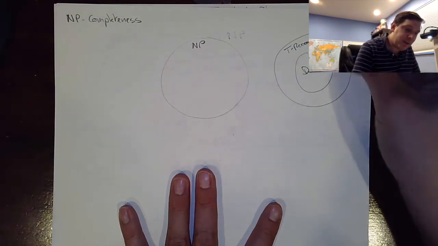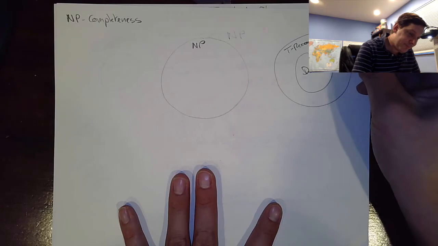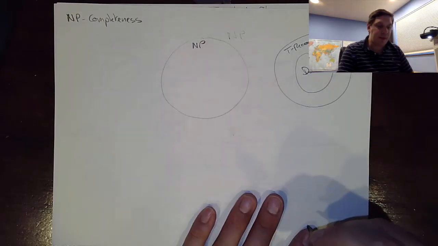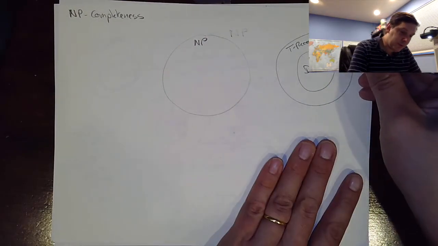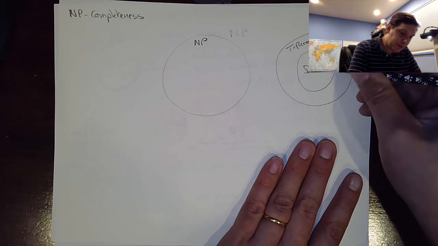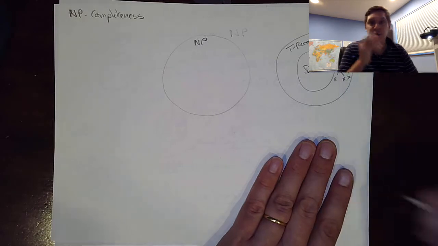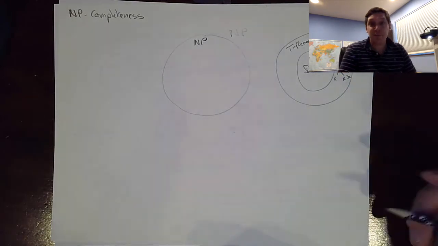You know how we found ATM, and then we were able to find a whole network of other undecidable problems through reduction. Well, we want to do the same thing with NP.